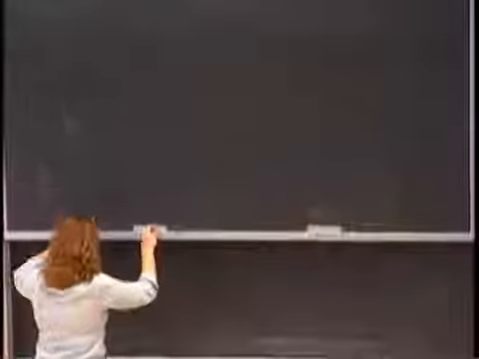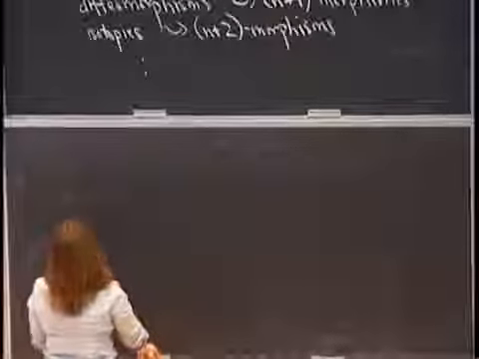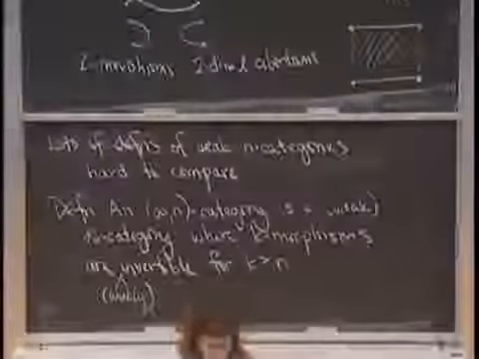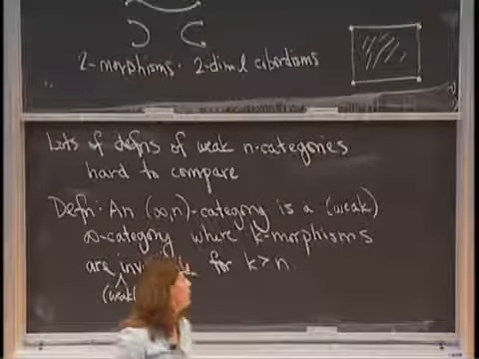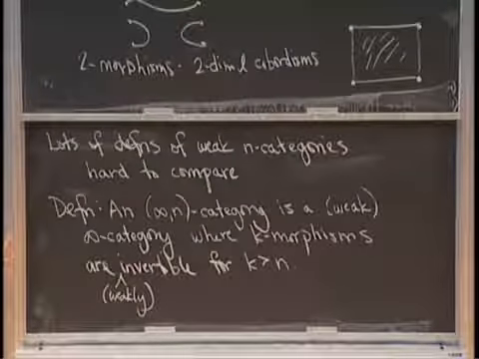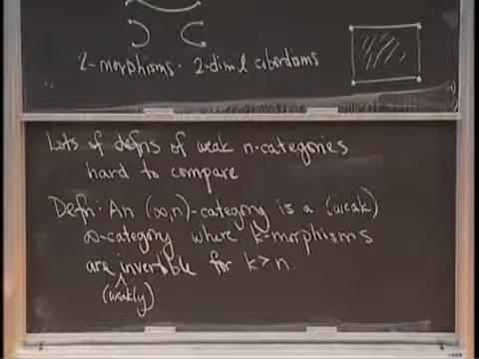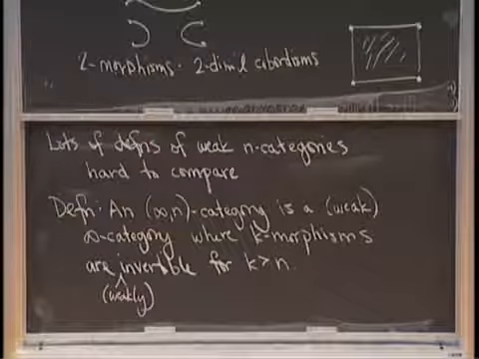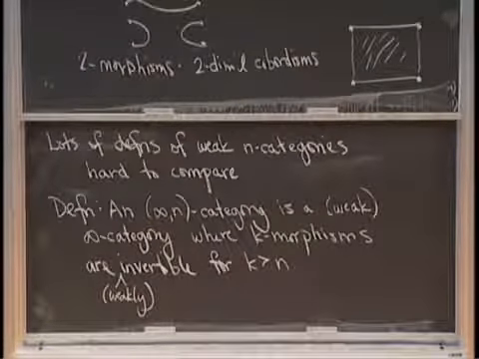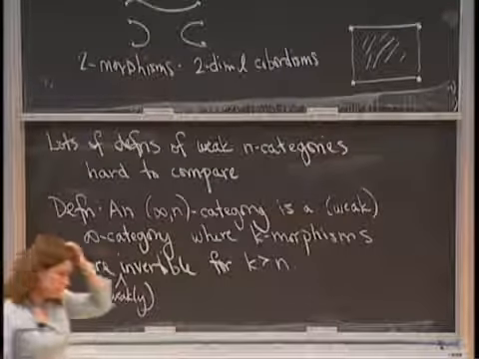Okay. But this is certainly not a rigorous definition of what an infinity n category is. So I want to basically spend the rest of this talk really talking about how we can put this definition on a firm footing. How can we really get our hands on an infinity n category and actually work with these as some kind of mathematical objects, do homotopy theory with them, and so on.